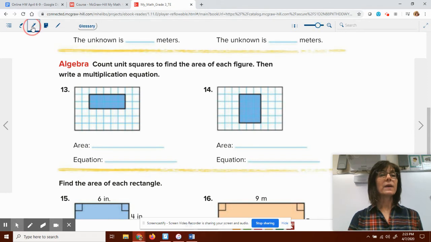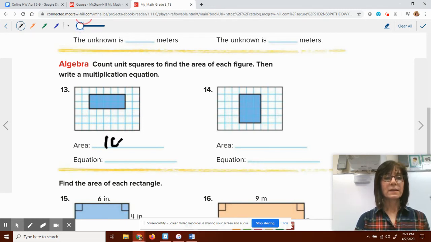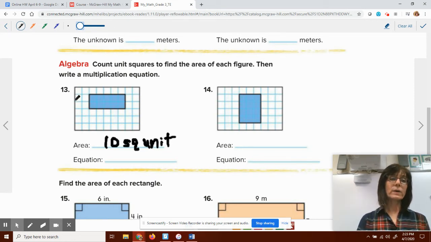I know that my area is going to be 10 square units, and I'm going to abbreviate my squares right now. If I had to do an equation here, I know area, the formula is length times width.